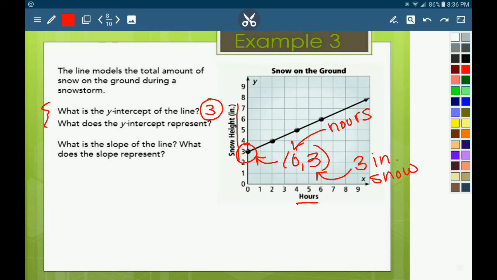Okay, so I'm going to write the representation out. The y-intercept, and please write this down because part of these math lessons is being able to write out your ideas.